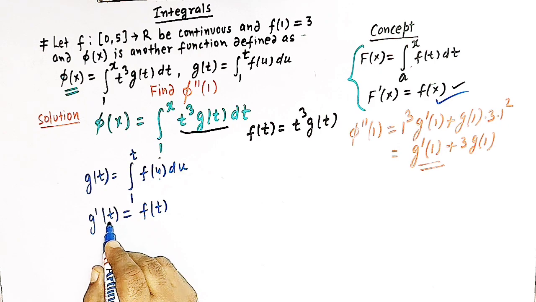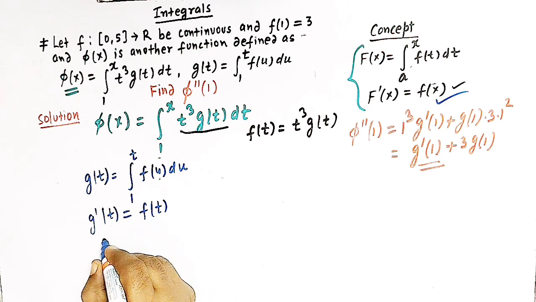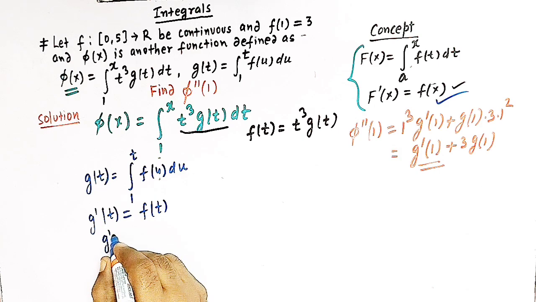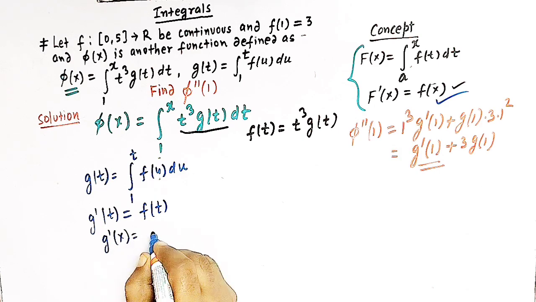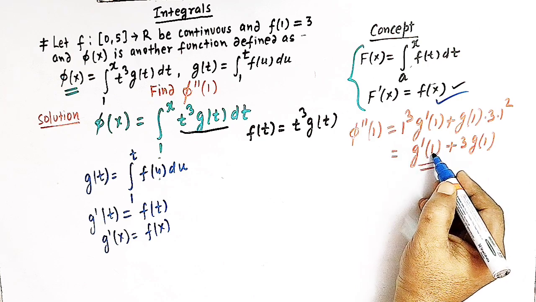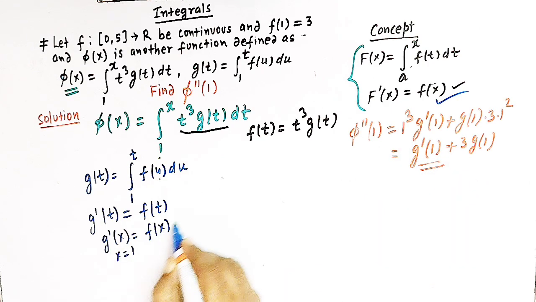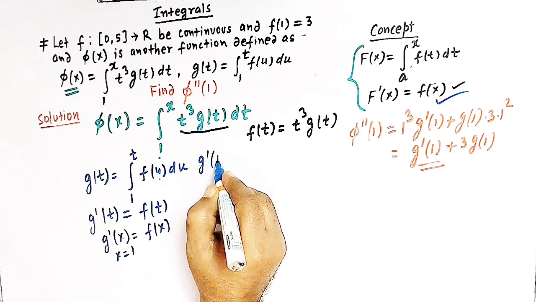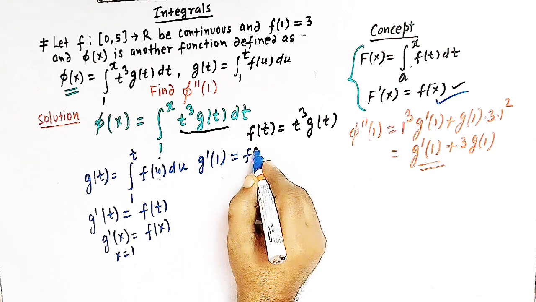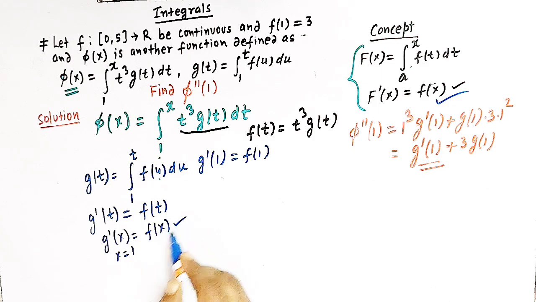Now see here, t is a dummy variable, so we can replace this t by x also. So we can now write g prime of x is equal to f of x. And here we have g prime of 1. So if we replace x by 1, then g prime of 1 is equal to f of 1, taking x is equal to 1 in this expression.